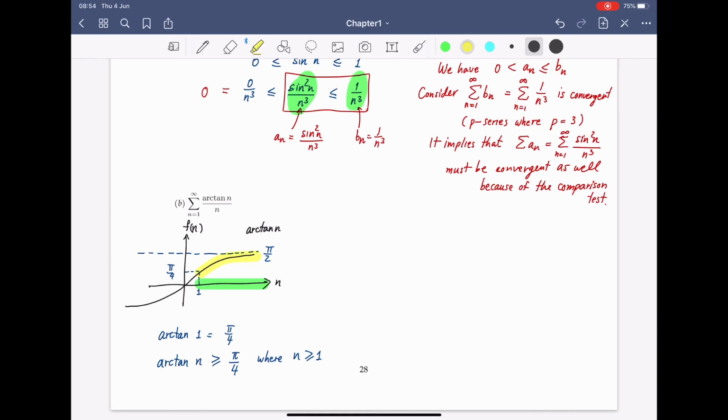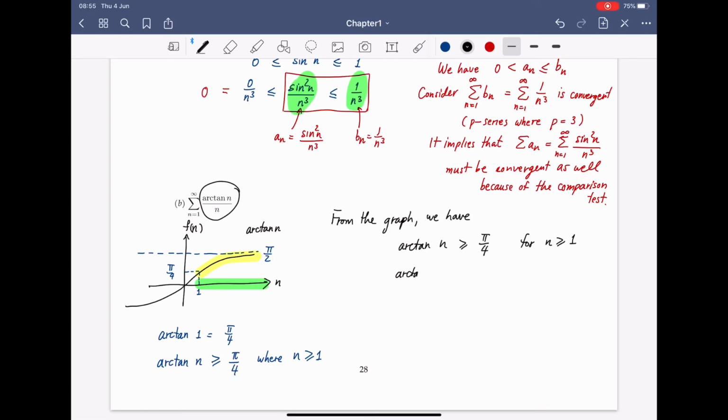So when n is bigger than 1, your arctan n is going to be bigger than or equal to pi over 4. So from the graph, we have arctan n bigger than or equal to pi over 4 for any n that is bigger than or equal to 1. And then we need arctan n over n, so I'm going to divide everything by n.